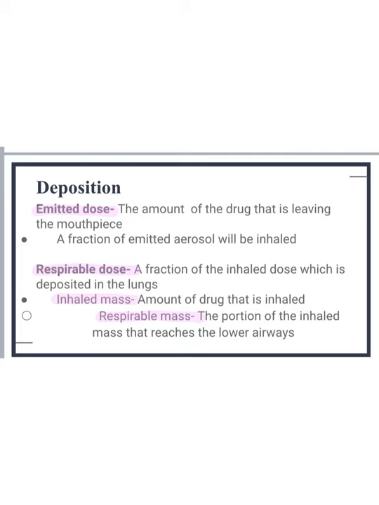It can be exhaled because it doesn't make it down to the conducting airways. It can hit the throat, the mouth, the tongue, and be lost before it even gets to the lungs. 1 to 5% of the drug will actually be exhaled.